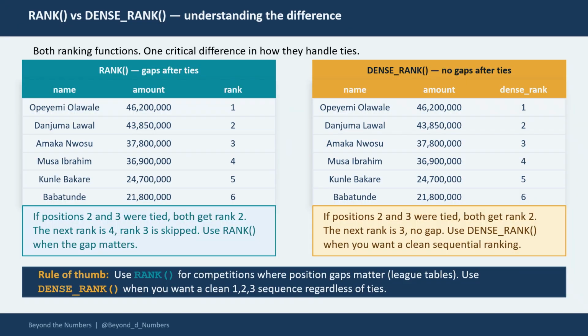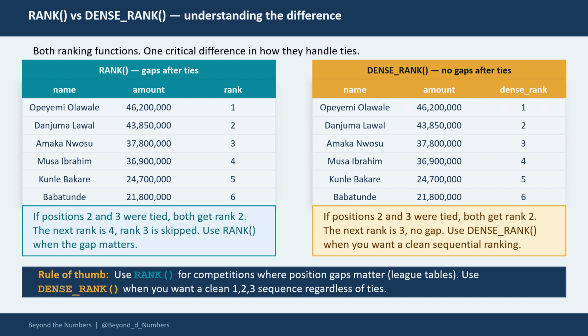Now look at this slide: two ranking functions and one important difference which I want you to note. On the rank side, if two customers tie for position 2, both get rank 2, but the next customer gets rank 4, not rank 3.